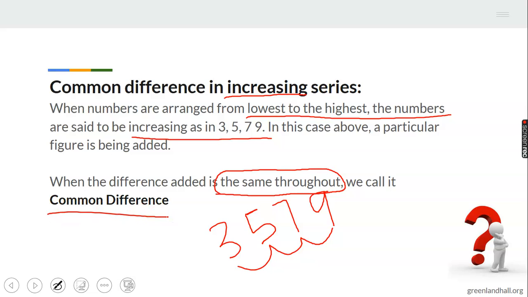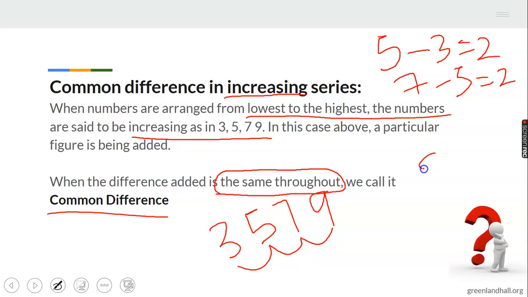Now let's check. What's the difference between this number and this number? From here, 3, I can get my common difference this way. This is 5, so I say 5 minus 3, that gives me 2. That means I added 2 to 3 to give me 5. Then I check the next number: 7 minus 5 gives me 2.